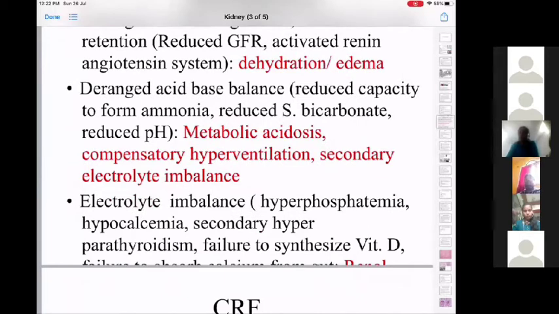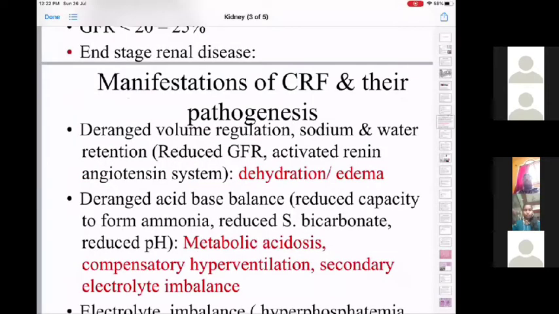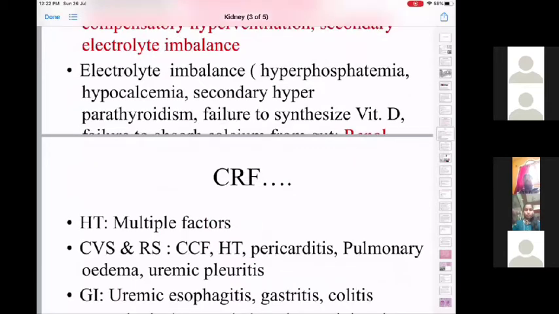Third is also electrolyte imbalance, which is a cause of chronic renal failure. Electrolyte imbalance means there is an imbalance of sodium, potassium, calcium, magnesium, or chloride. So these are the manifestation of CRF and pathogenesis.